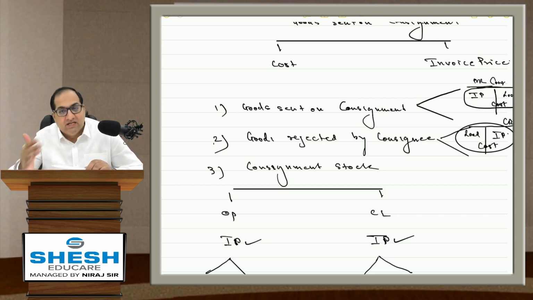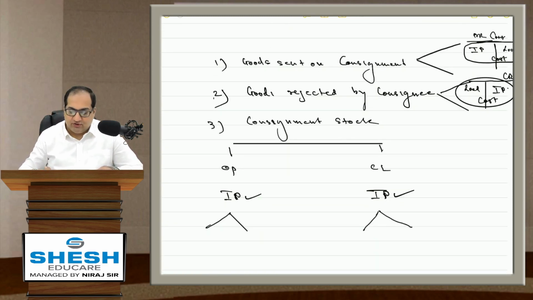So consignor will pass the entry goods sent on consignment account debit to consignment account at invoice price, and then immediately reverse the loading element, consignment account debit to goods sent on consignment account loading. Invoice price on the credit side, loading element debit side, we get cost. Am I very clear?